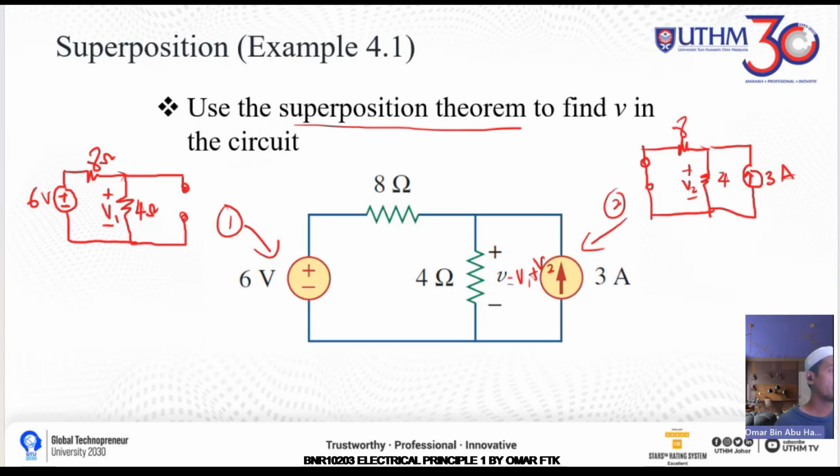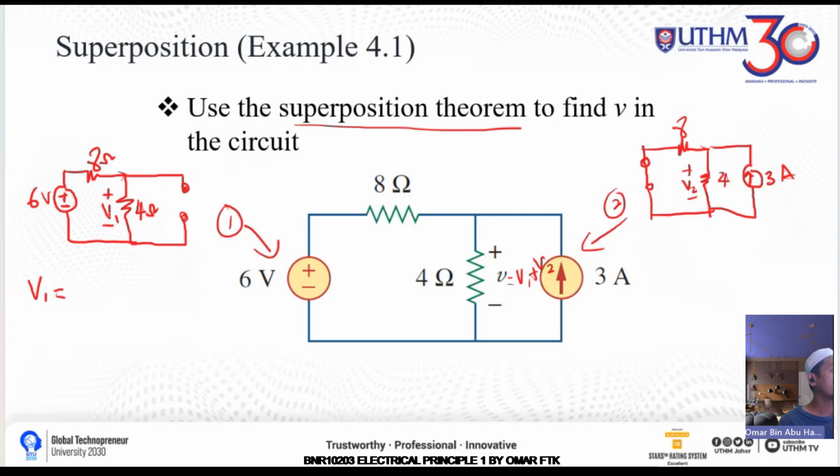Let's do one by one. Let's say we do this one first. Actually it's not that difficult, right? If you want to get V1, we can use the voltage divider.